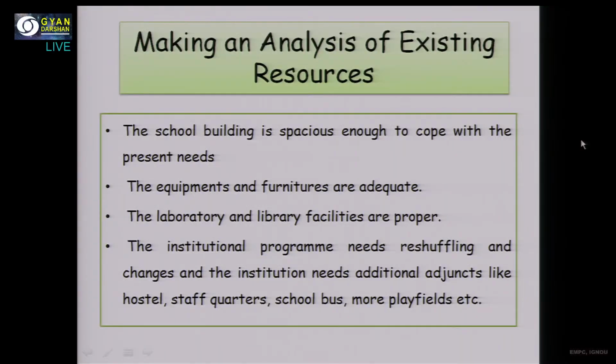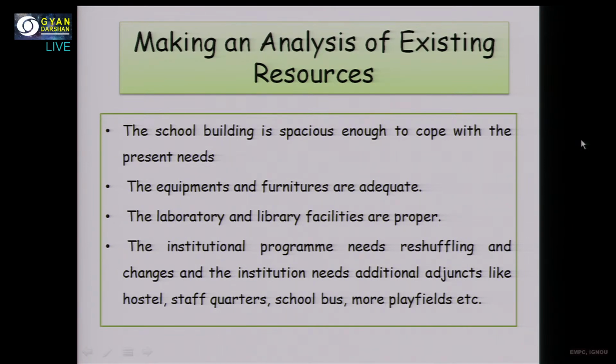Coming to the second step, making an analysis of existing resources, there we can see whether the school building is spacious enough to cope with the present needs. Then whether the equipments and furnitures are adequate. Then the laboratory and library facilities, are they in proper shape?